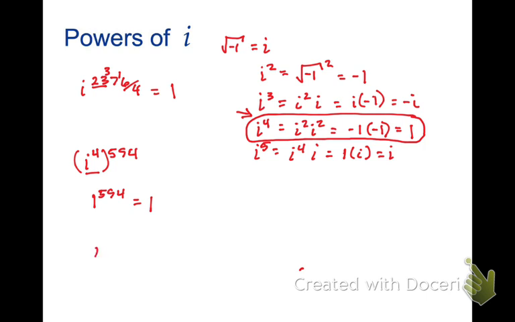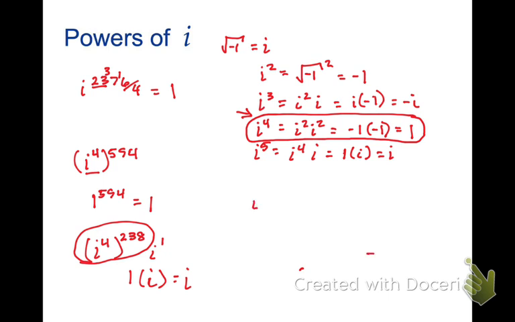If it doesn't go in there, you write your i to the fourth to whatever number, like 238. And then your remainder, you put on this other i. So if the remainder was 1, this whole thing would be 1 times i, which would be i.